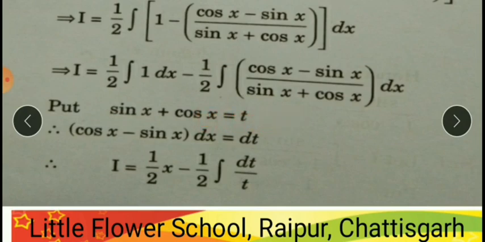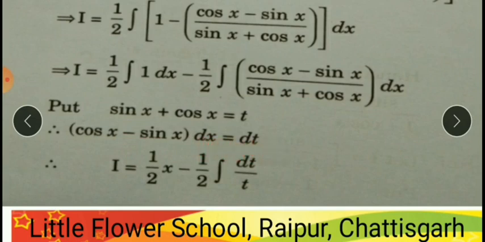Consider this as t. See, the differentiation of the left hand side: d dx of sin x is cos x, but d dx of cos x is minus sin x. That is, the differentiation of the left hand side is cos x minus sin x dx is equal to dt.